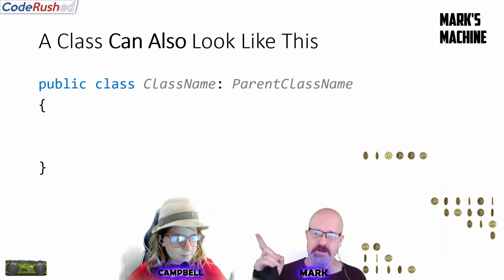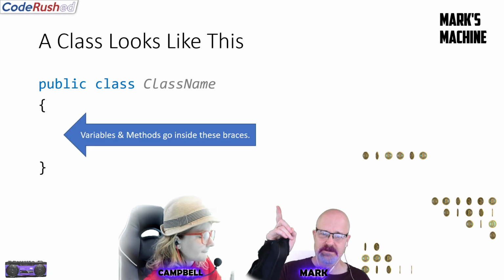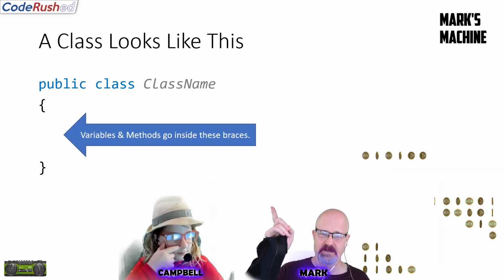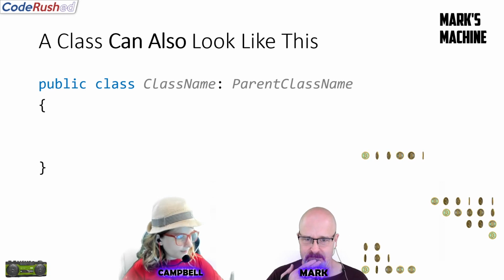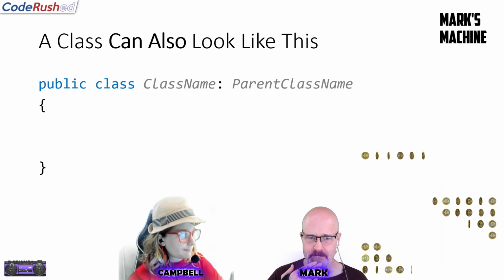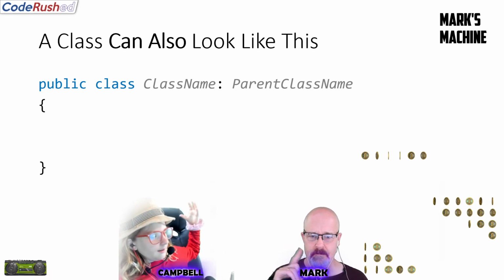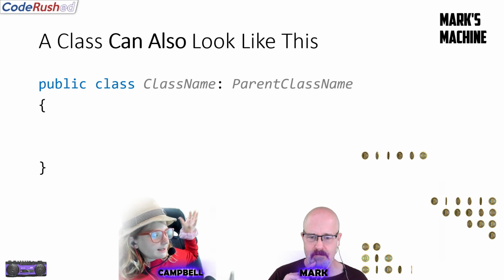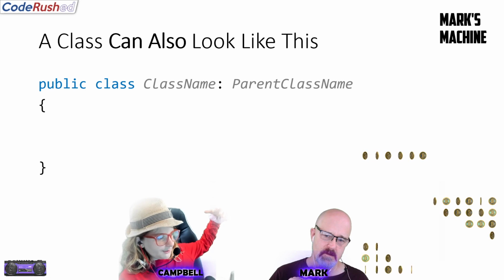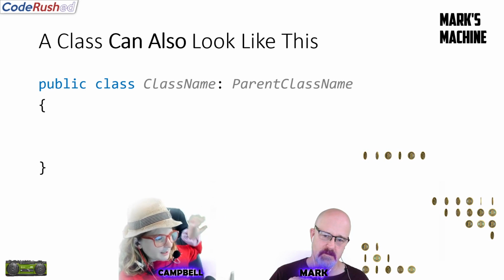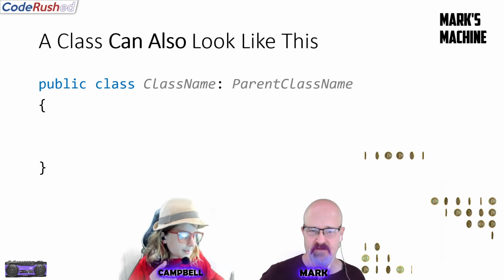A class can also look like this. Look at the difference. Do you see the difference between these two? What is it? With one of them it has its parent class name, which is whatever it descends from. It adopts all of the things that its parent can do, all those behaviors of its parent class.